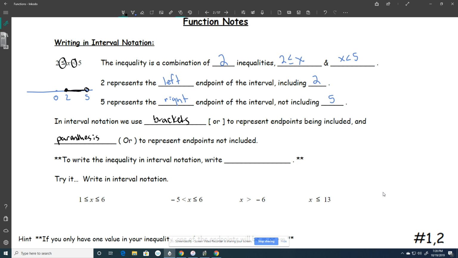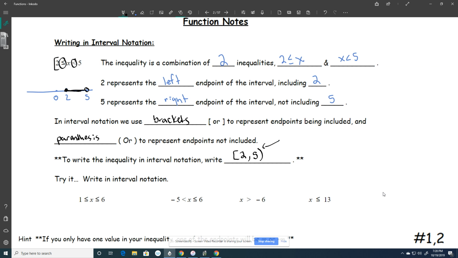And the way that you write it in interval notation is x is going to be in the middle of 2 and 5. And the way we write that is I put a bracket to represent the left-hand side right here, and that includes the number 2. And then I put a comma, and I can go all the way up to the number 5, but I do not include 5, so I use a parenthesis on the right-hand side.